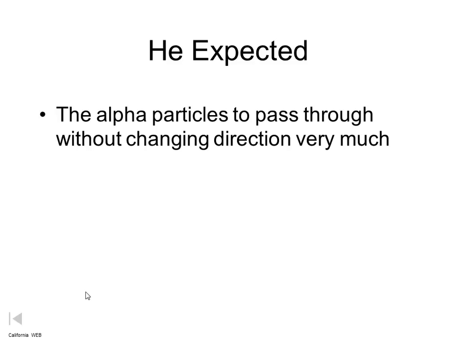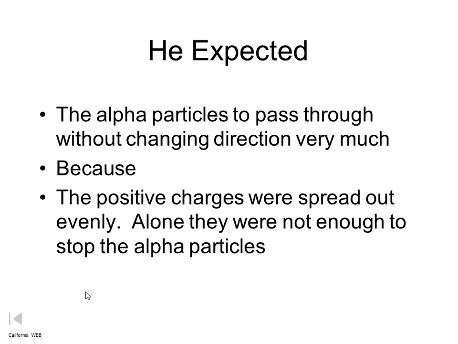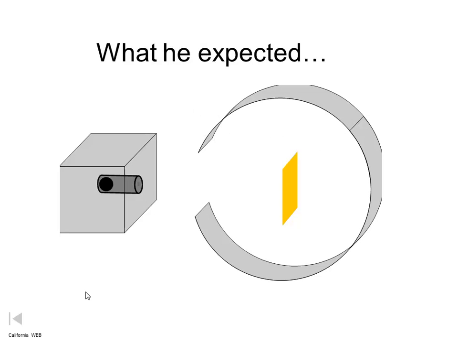He thought it was going to be kind of like shooting a bullet through a chocolate chip cookie. It's going to go right through, right? He thought that because he thought the mass was evenly distributed amongst the entire atom. Expected to go right through.